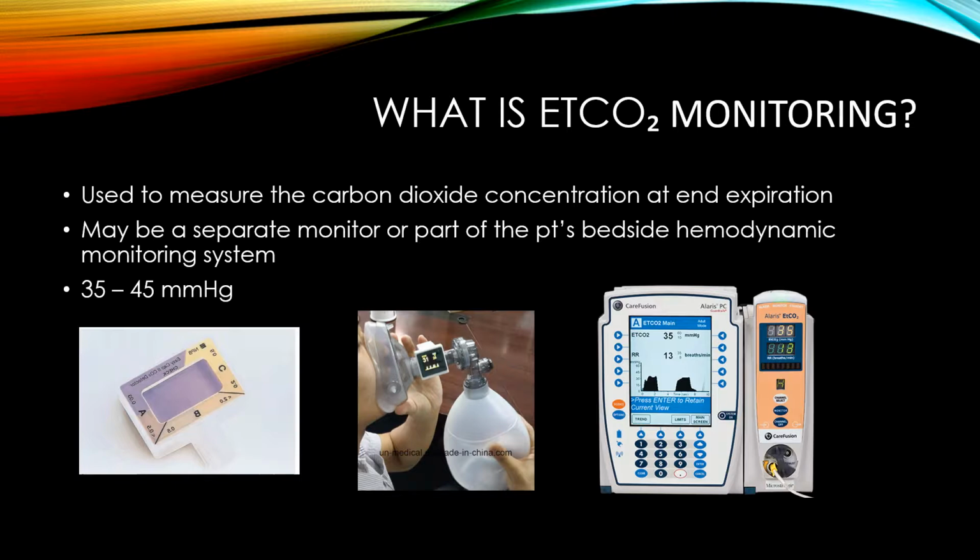And how you would read this is if it turned gold, you had a good end tidal CO2 reading, which meant that they were ventilating correctly. And if it was not good, it would turn purple. So just remember, gold is good, purple is bad. You see gold, you're golden.